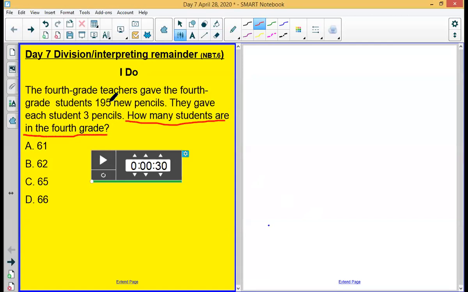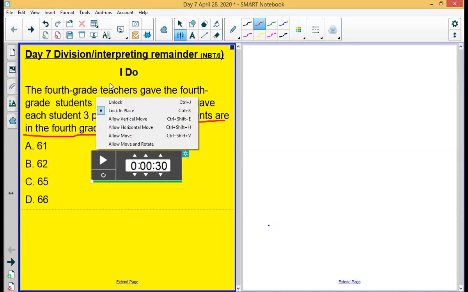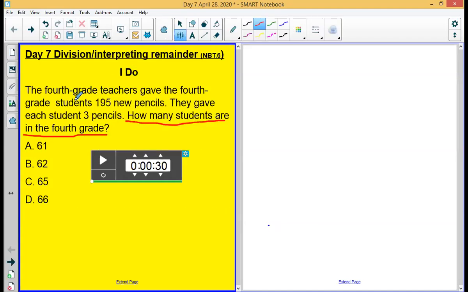Now I'm going to look within the problem to see what's there to help me to answer the question. I see that there are 195 new pencils. I also see that she gave each student 3 pencils. And I noticed the word each student.